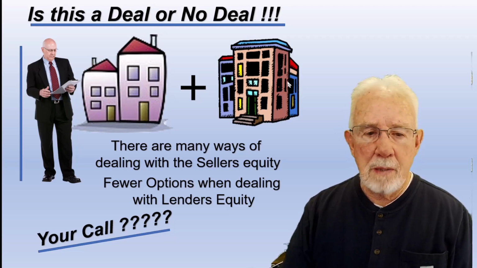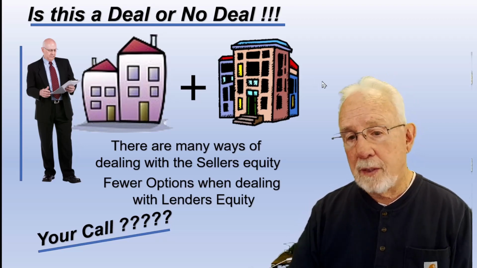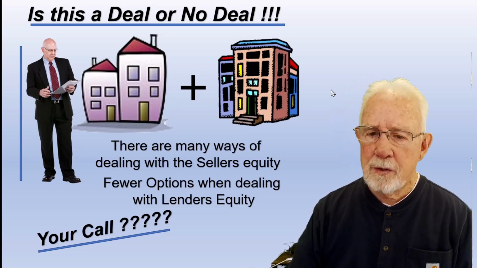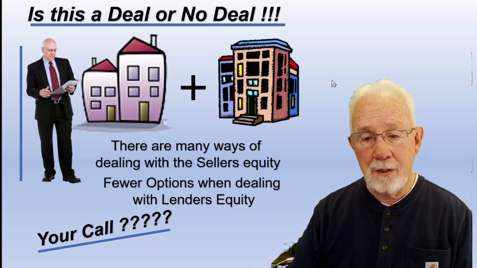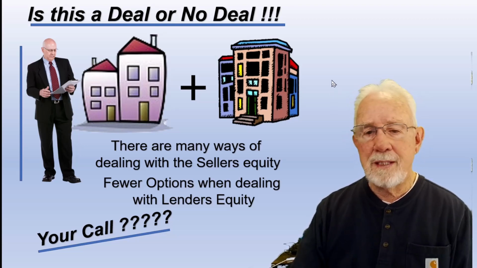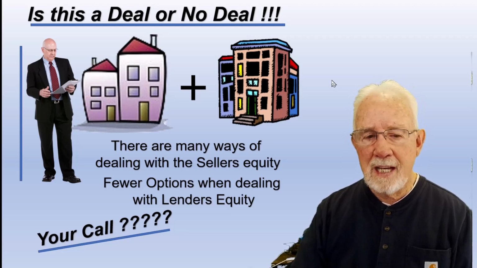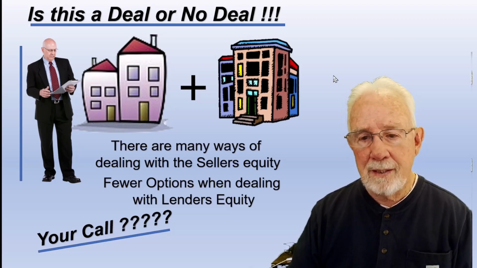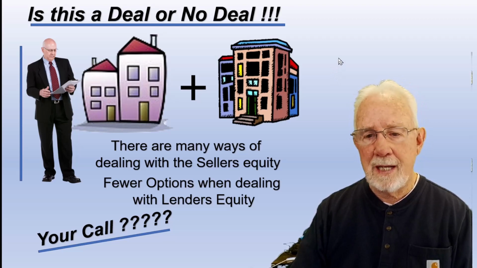I like what Bob says. He says there are many ways of dealing with a seller's equity. In this case, in the creation of wealth formula, he says there's probably 1,000 ways that this has been constructed, with using seller's equity, buyer's equity, creating notes, using other assets, using cash. And so when you have a buyer and a seller and they have equity, you can do anything you can agree on with that equity.